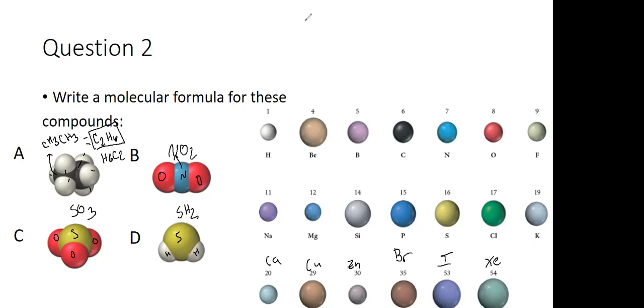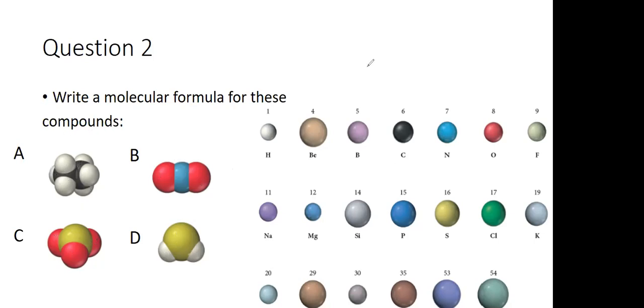Okay. And I will say that even though I'm not going to have you memorize the colors because that's not useful, just know that usually these color schemes are kind of normal. So carbon's usually black. I've seen it as green before, but it's usually black. Hydrogen's always white. Nitrogen's always blue.